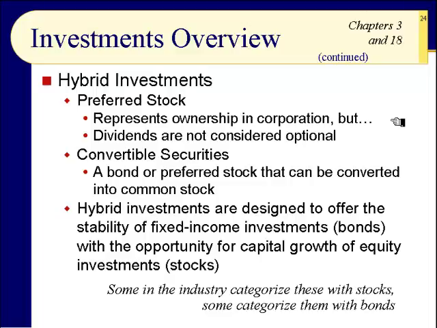Now, they are legally optional. You don't have to pay dividends because they are stocks. They're ownership. But when you buy a preferred stock, you are often buying it for the dividend, and the company understands that you're buying the preferred stock for the dividend, so they tend to pay those dividends no matter what.